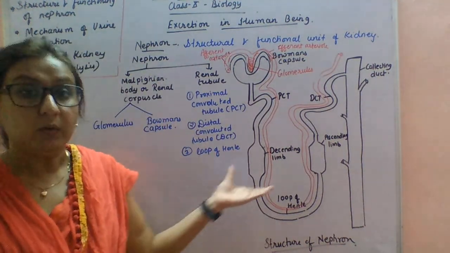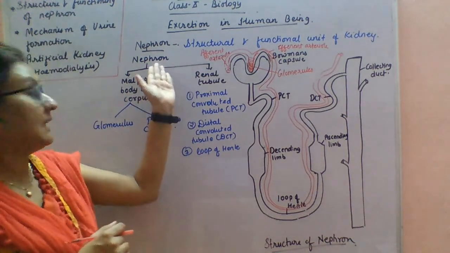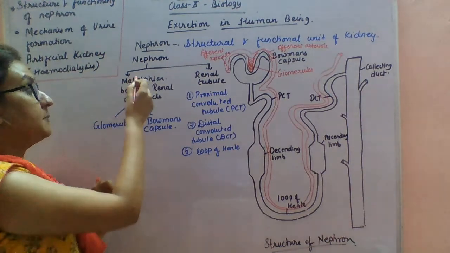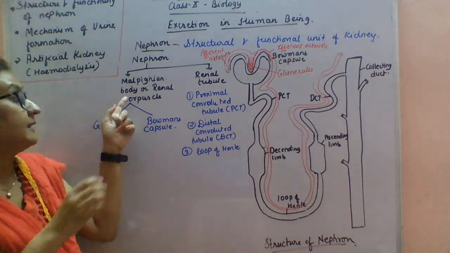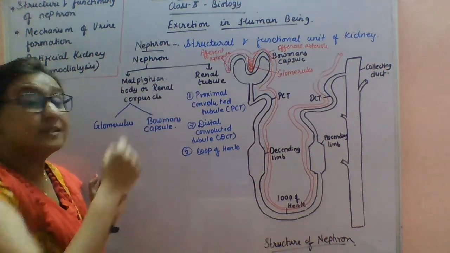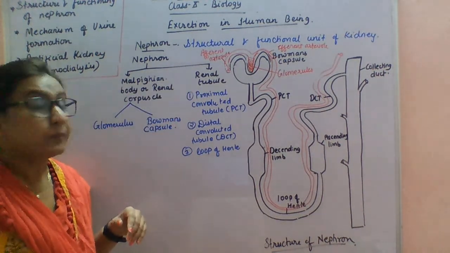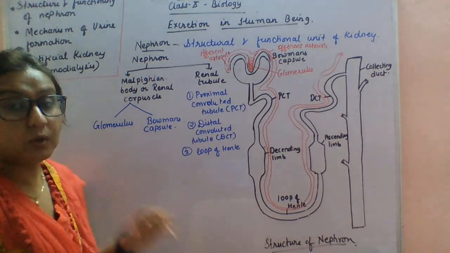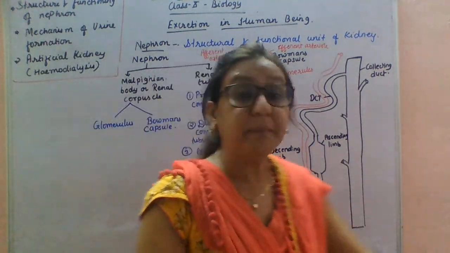Okay, so now this is the structure. Basically, the nephron comprises two components. First is the Malpighian body, or you can say the renal corpuscle, and second is the renal tubule. Renal is associated with the term kidney.